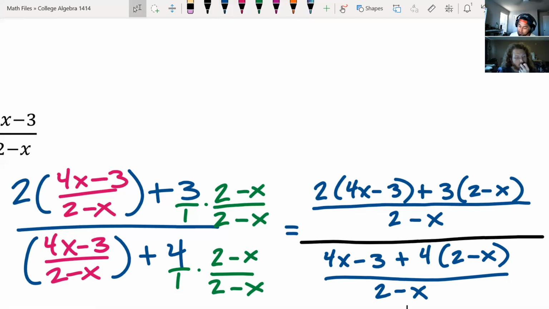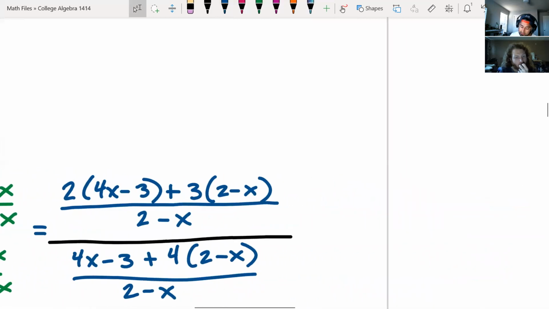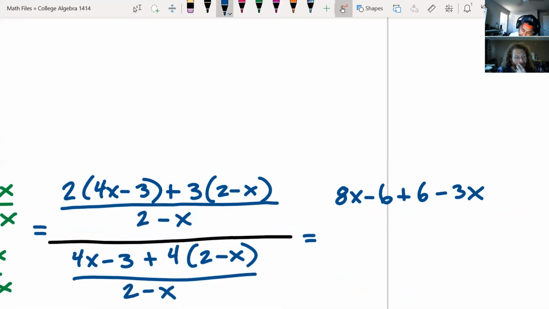And now we just have to simplify. So distribute that to get 8x minus 6 plus 6 minus 3x over the same 2 minus x.